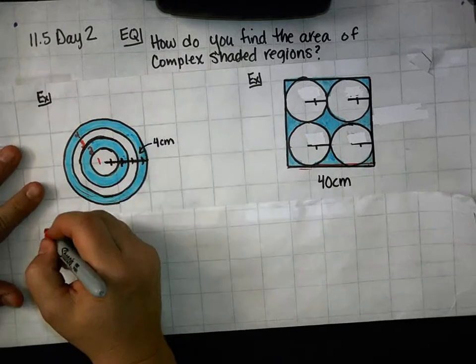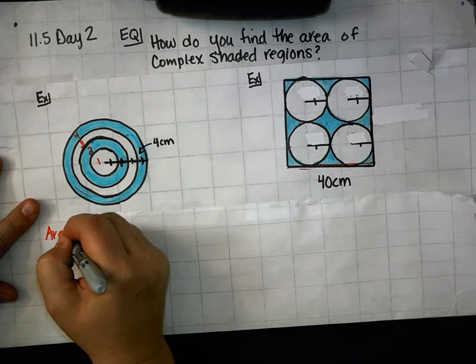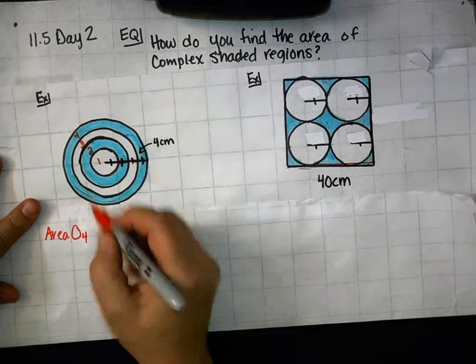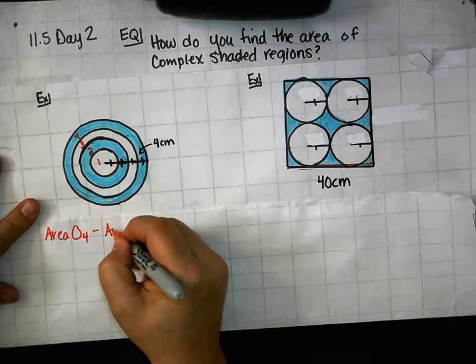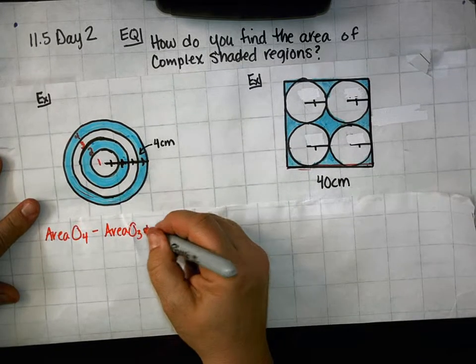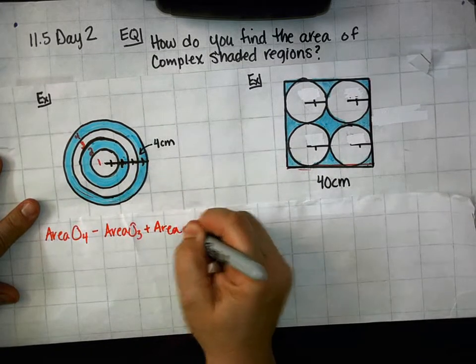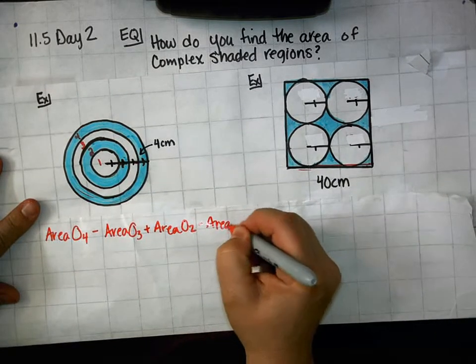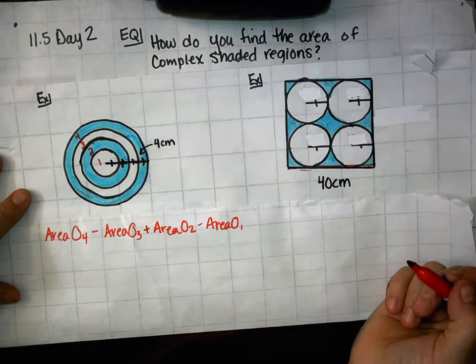So we'll start with the area of circle 4. We then have to subtract the area of circle 3 because it's not colored. We have to add in the area of circle 2 because it is colored, and subtract the area of circle 1 because it is not colored.